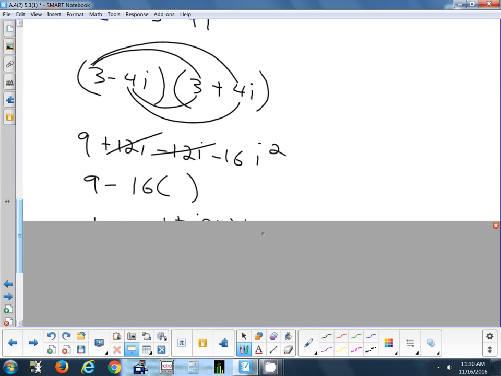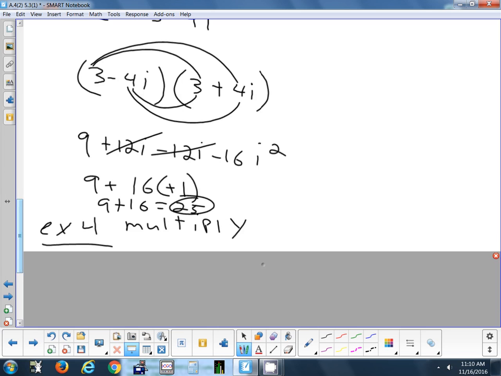So what do you notice about the kind of answer that you got? 41, 25. What kind of numbers are those? They're real numbers. So when you multiply conjugates, all the imaginaries cancel out. That's why we do it, and that's what you have to do in division.